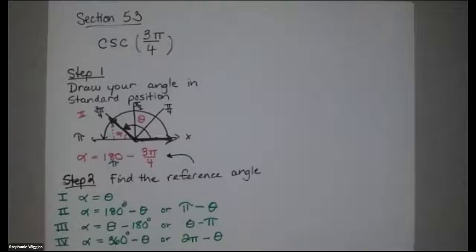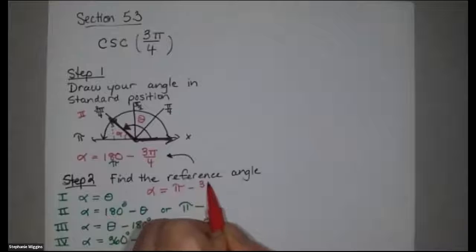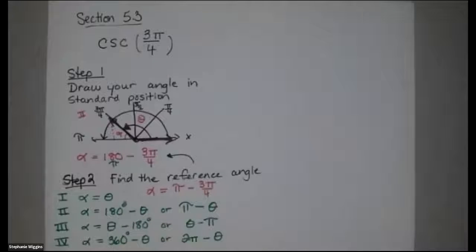In our particular example, because we were in the second quadrant, we're going to be using this formula. We're in radians, right? 3 pi over 4. So alpha is pi minus 3 pi over 4.